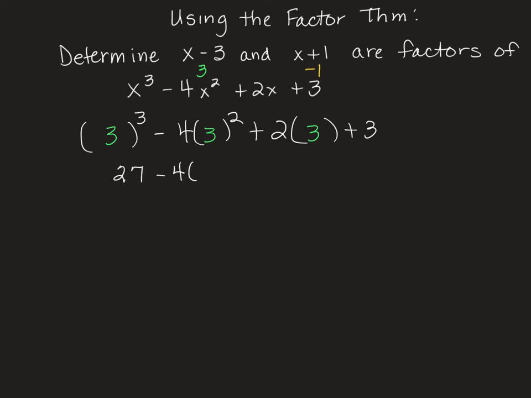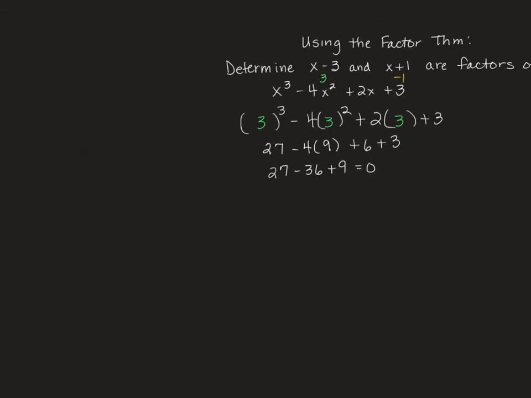This is 4 times, that's 9, plus 6 plus 3. This is 27. And then 4 times 9 is going to be 36, so minus 36. And I can add those together, plus 9. Add these numbers together, 27 minus 36 plus 9. And I get 0. So, yes.